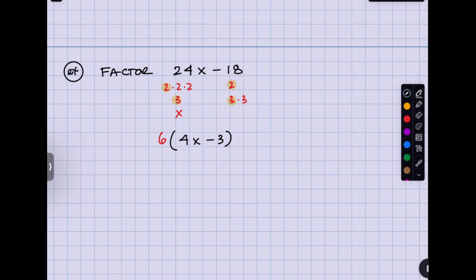Any idea where I got all those numbers from? I'm waiting.